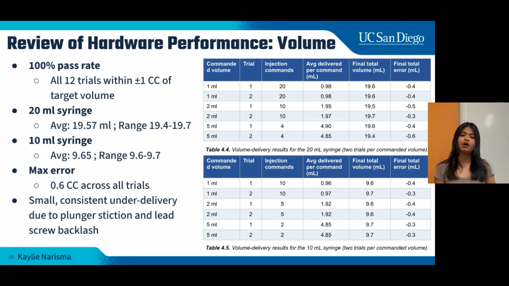In addition, our 20 milliliter syringe had an average of 19.57 cc injected, and our 10 milliliter syringe had an average of 9.65 cc injected. The max error across all our trials was 0.6, which is pretty small and below our threshold, which is really good. We conclude that this small error could be due to the plunger stiction and our lead screw backlash in our actuation system.